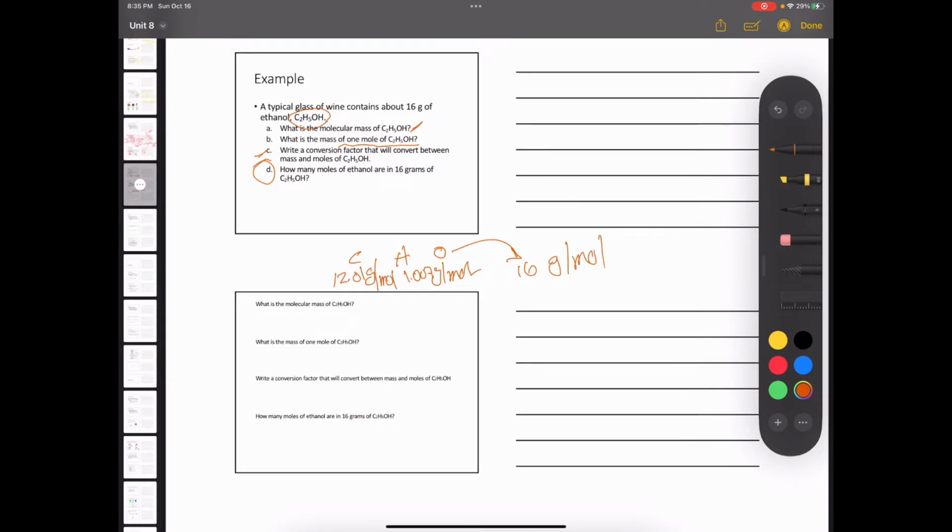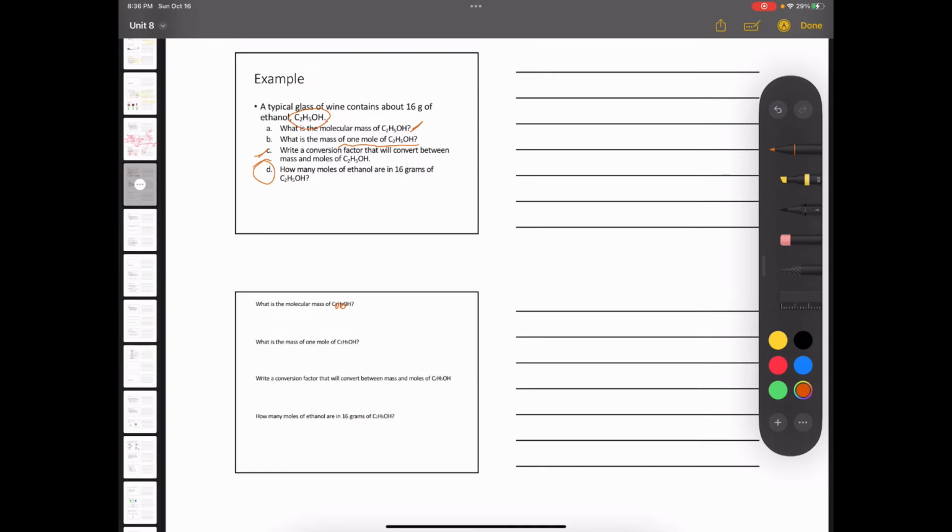Okay, so now that we know all the atomic masses for the carbon, for the hydrogen, as well as the oxygen, we just need to add them all up together to calculate the molecular mass for the ethanol. What we need to consider, however, are all these subscripts down here, because these will multiply the corresponding atomic mass for that element. What does that mean?